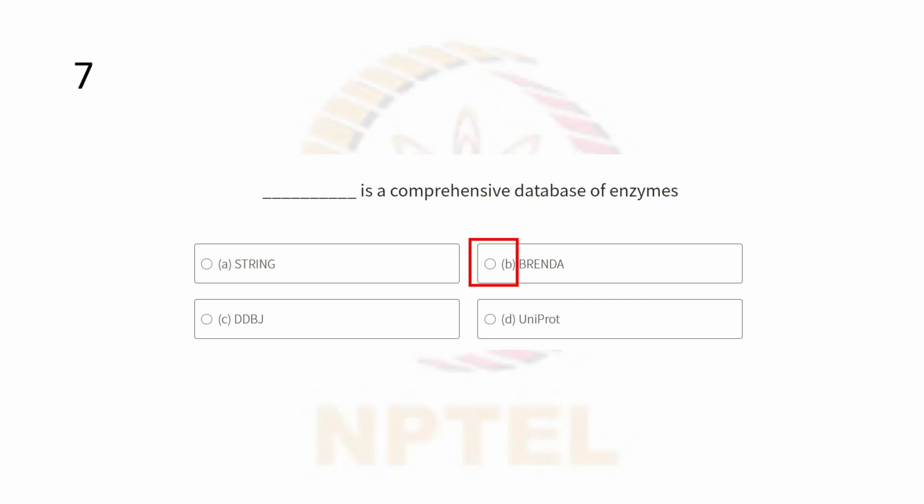BRENDA is known as an enzyme database, and it has comprehensive information about everything. Sir, I didn't get you, your voice was breaking. Sorry. So here the word comprehensive is added to a database if it has information particularly about one thing. Okay, sir.